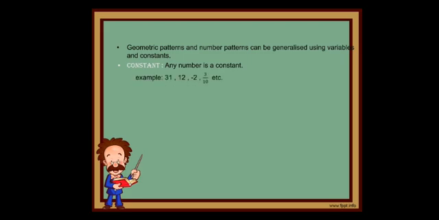For example, 31, 12, -2, 3/10, etc. All these are numbers and any number is a constant. Constant means it won't change. The value of that thing won't change. So if you take any number, its value is not going to change.